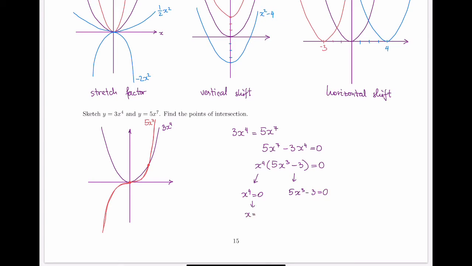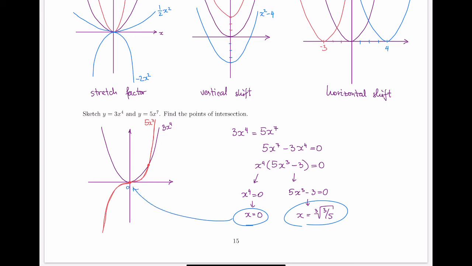This, taking 4th root of both sides, will produce x equals 0. And then this guy, isolating for x and then taking the cubic root, will give us x is equal to the cube root of 3/5. Okay, so I notice how I have 2 solutions, and then of course they correspond to the 2 intersection points.